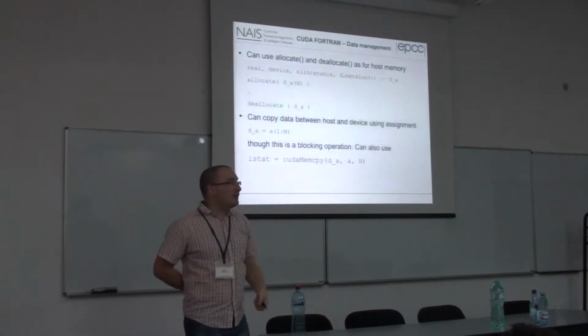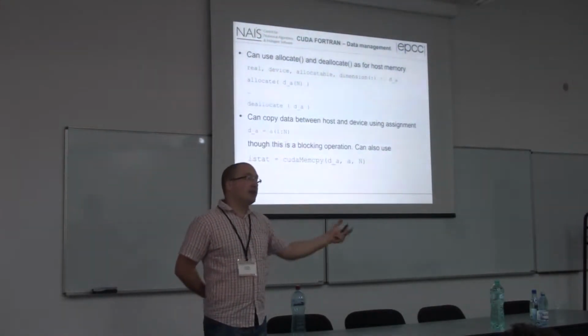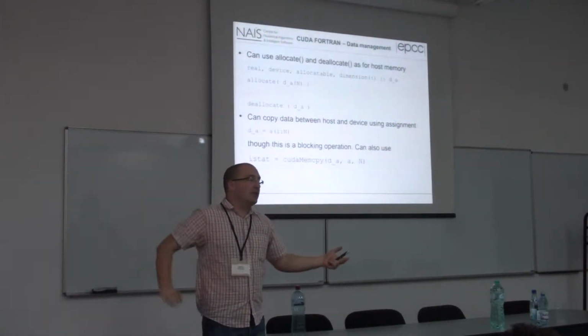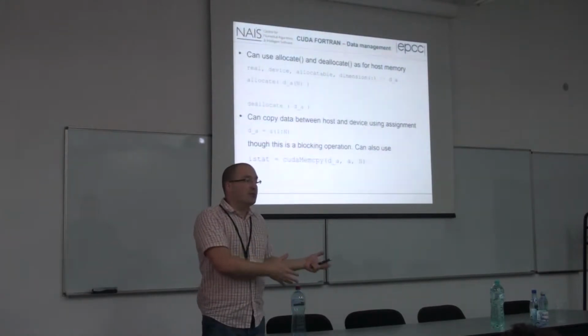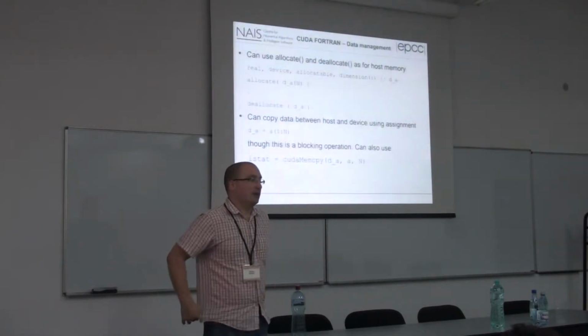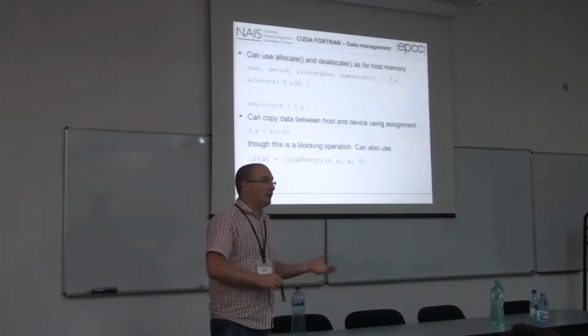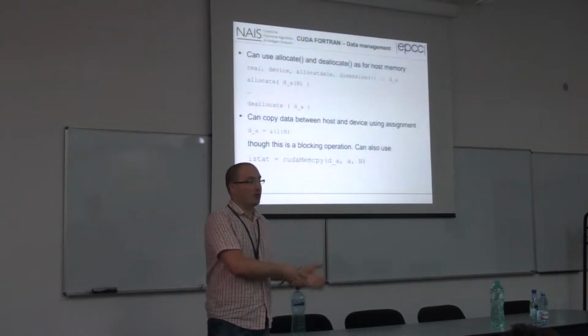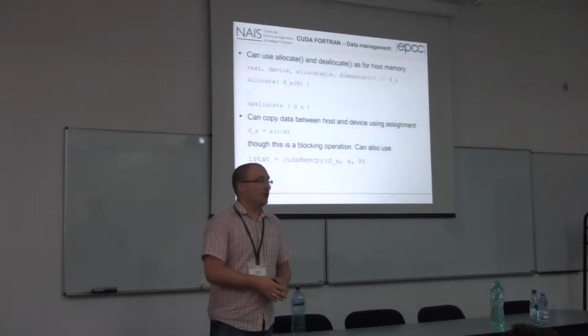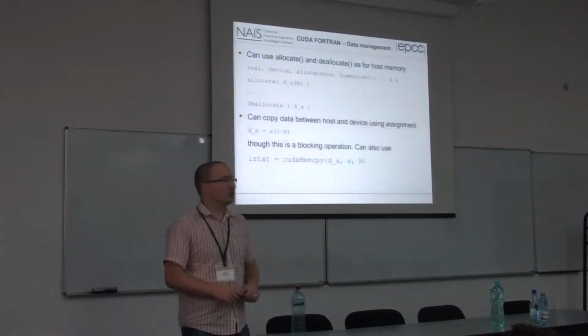And then when you compile your program, it will check if you send an array as a device array, but you're doing some work with it on the host, not the GPU, it will complain and not compile. And likewise, if you're trying to do it the other way around, if you're trying to use some host data that's not declared device on the GPU, it will also complain. So it does some checks there.